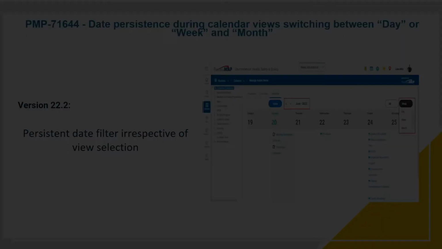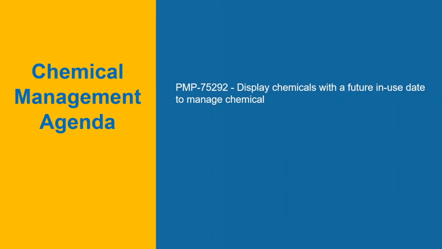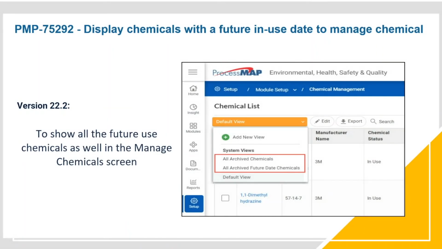All right, next one here for our chemicals. We actually have one upgrade, and this one is a display in future use. Whenever a user goes in and basically creates a future date, and when I mean future date, we're talking about the future in use date, when that's selected, prior to this upgrade, users can no longer find that time frame or that chemical with the future date.